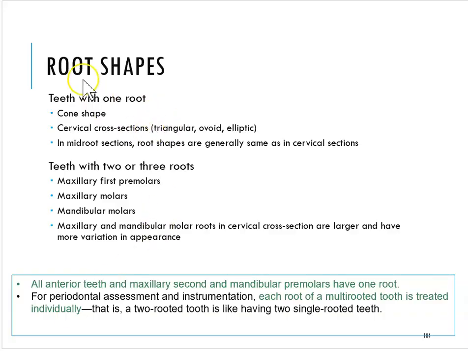So we know that all the anterior teeth and the maxillary second and mandibular premolars have 1 root, but the maxillary first premolar has 2 roots. How can you remember this? This is something again from student RDH.